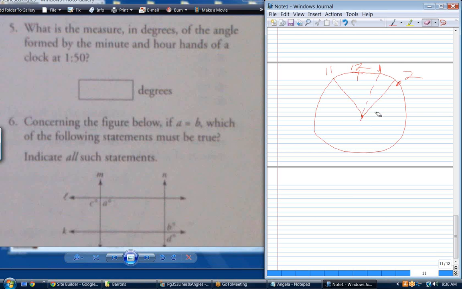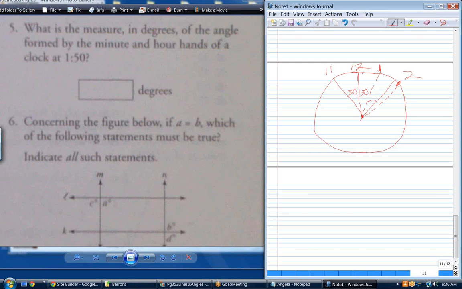Let's break it up into pieces. What's the angle between 11 and 12? 30. What's the angle between 12 and 1? Also 30. What's the angle between the 1 and the big hand of the clock?